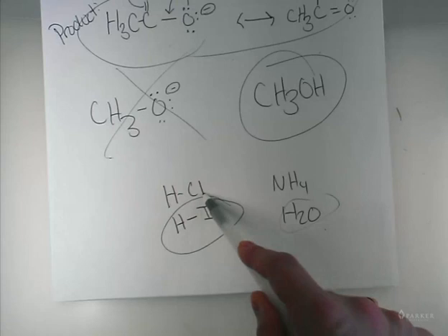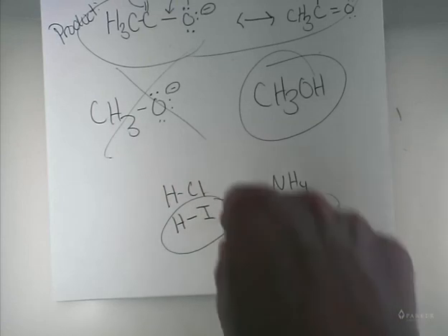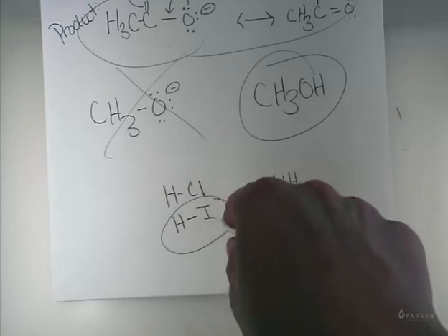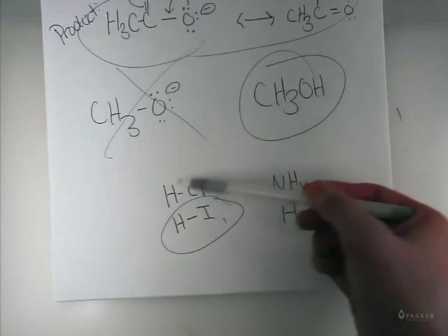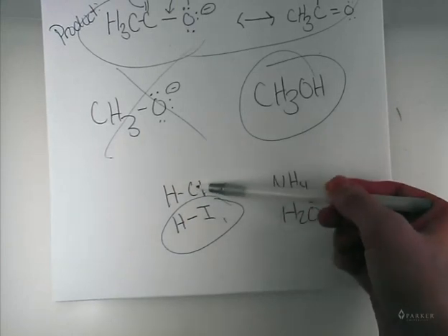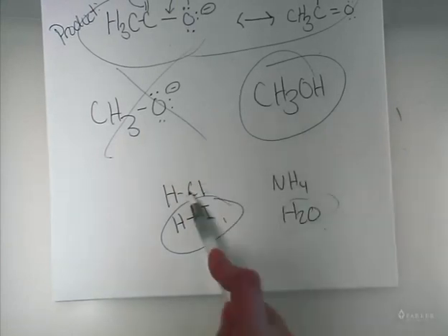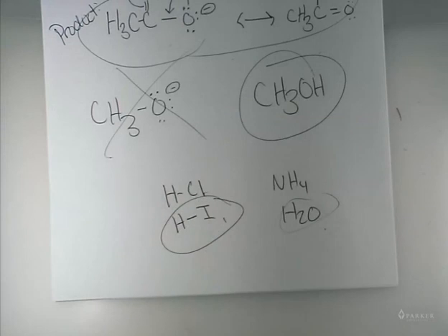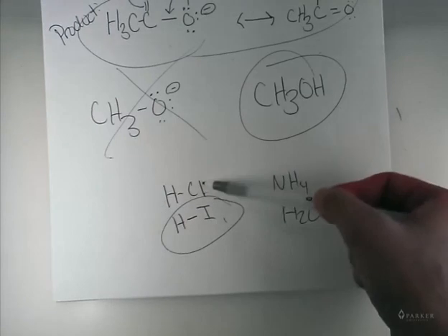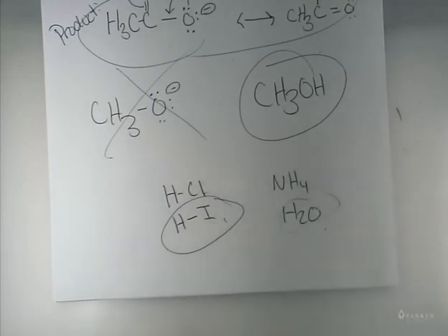It is more electronegative, but size will trump electronegativity. Because this is electronegative, it's actually pulling that hydrogen. The bond to it is a little bit stronger compared to HI because this is smaller and that's larger. Anyway, so size will always trump electronegativity.